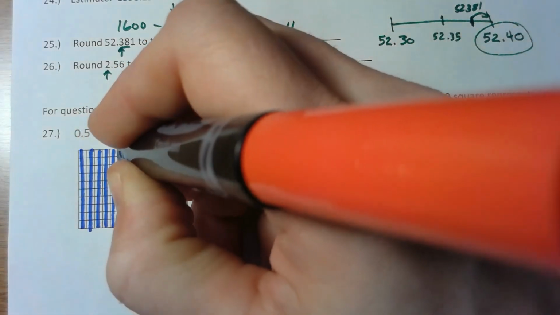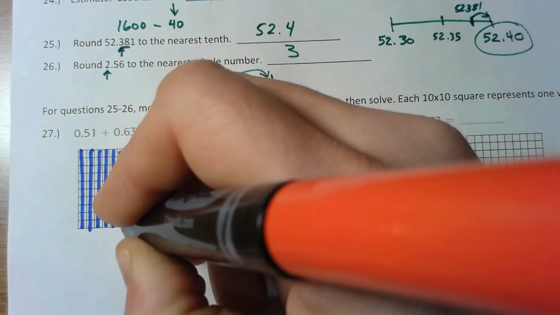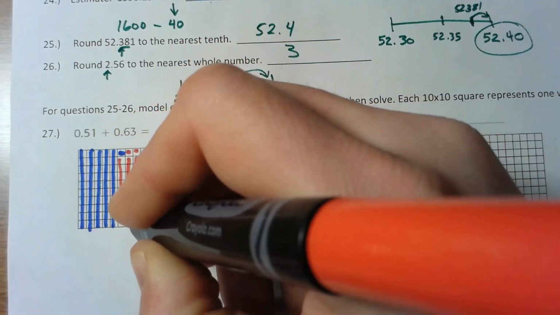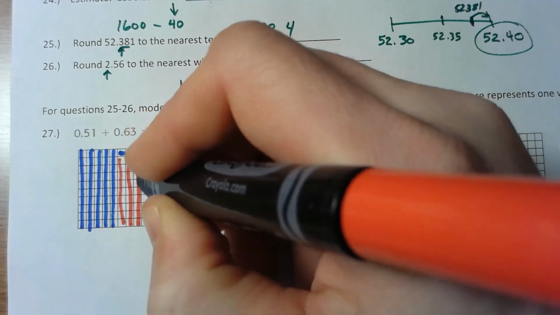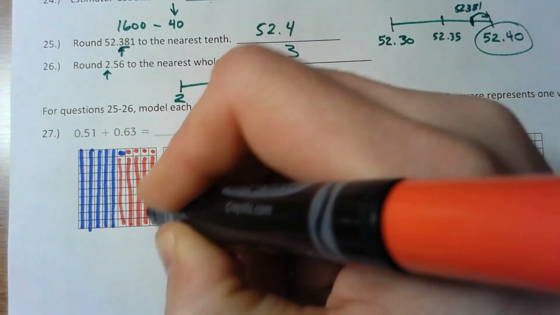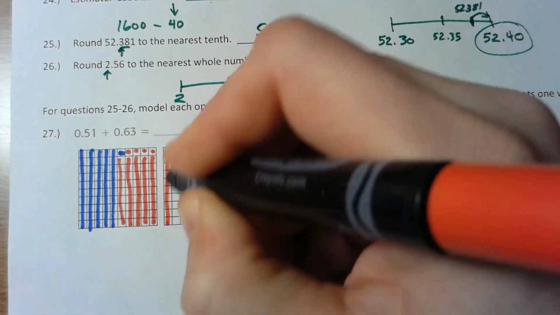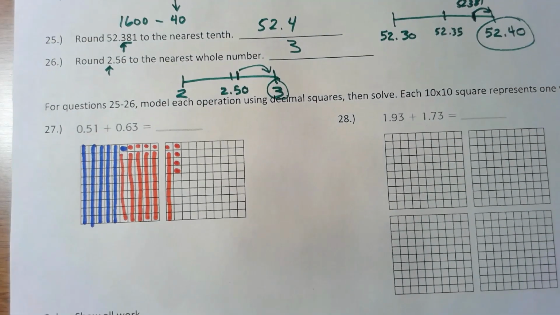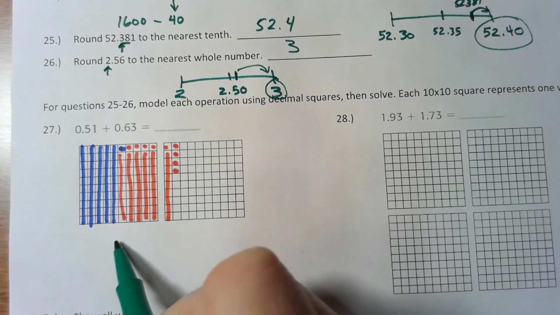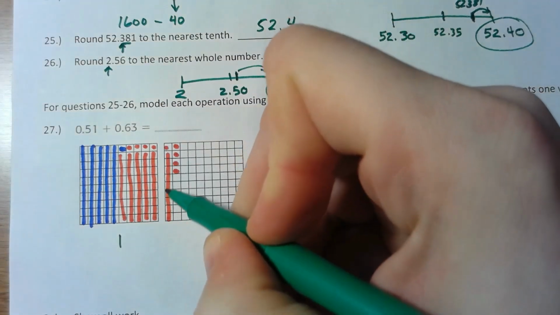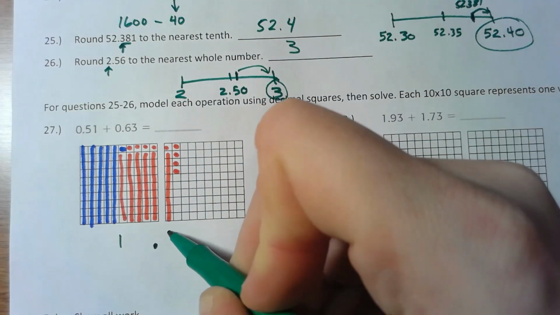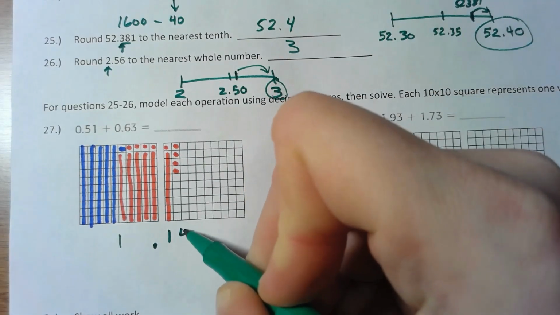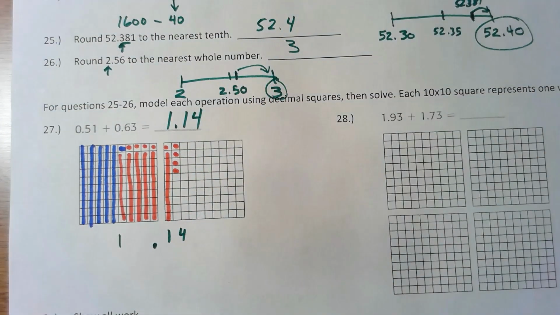Here's 9, 10, so there's 1 tenth, 2 tenths, 3 tenths, 4 tenths, 5 tenths, 6 tenths, and now I want 3 hundredths. 1, 2, 3 hundredths. So I just put mine back to back, and now when I solve this, all together I have 1 full square. Looks like I have 1 full tenth, so 1 whole, 1 tenth, and 1, 2, 3, 4 hundredths. So I'm going to get 1 and 14 hundredths.